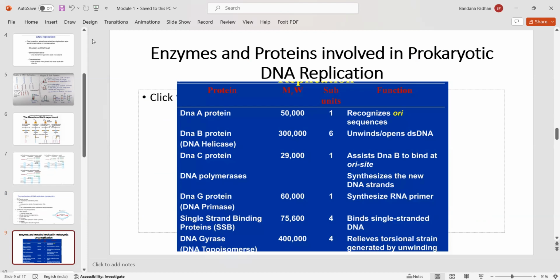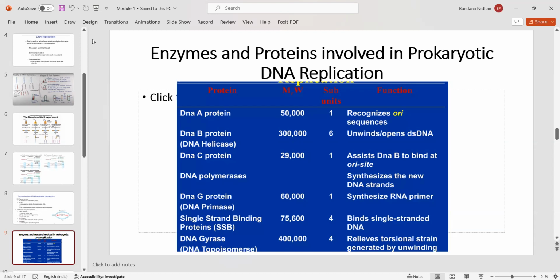Its function is that it recognizes the origin of replication sequence in prokaryotes. In prokaryotic DNA replication, the DNA is always circular and it has only one origin site. So this origin will be recognized by the DnaA protein.